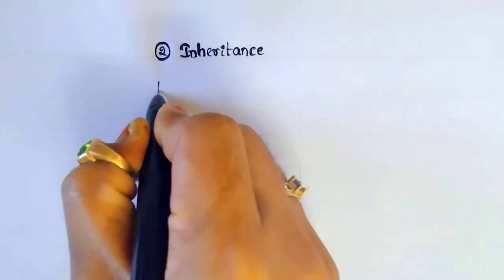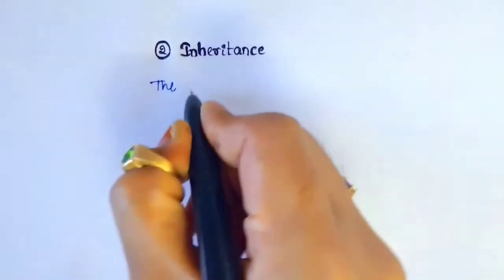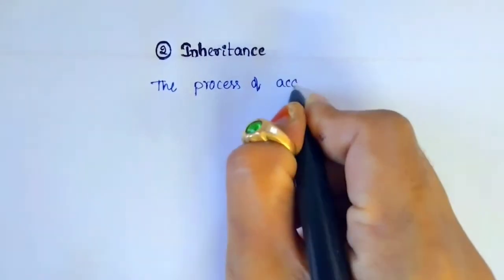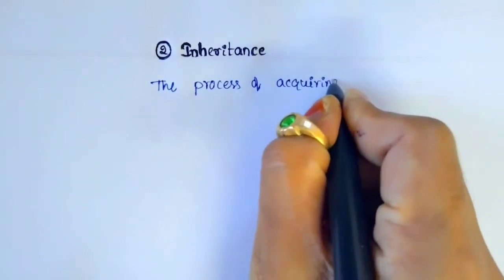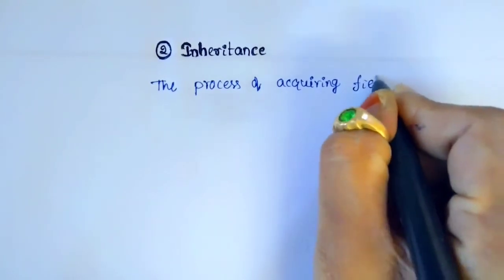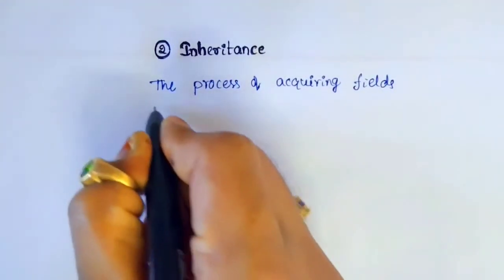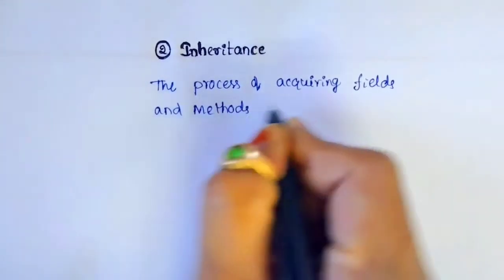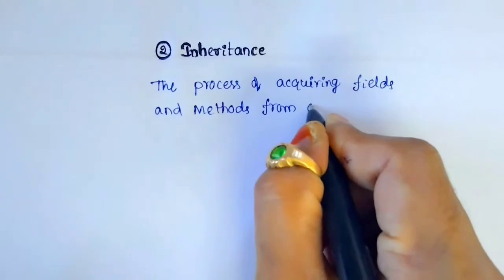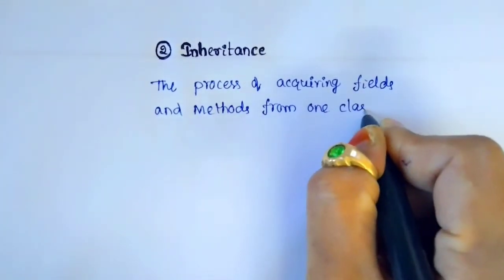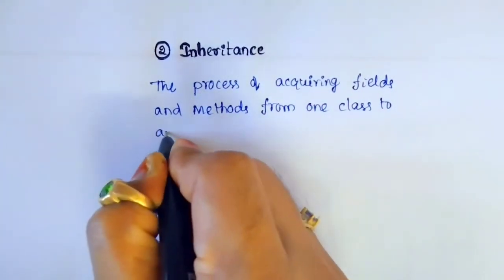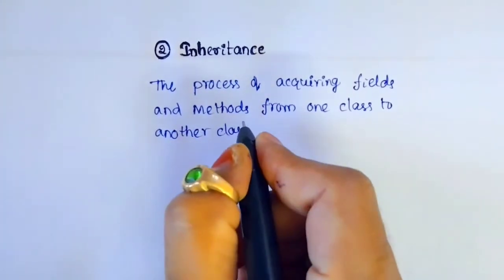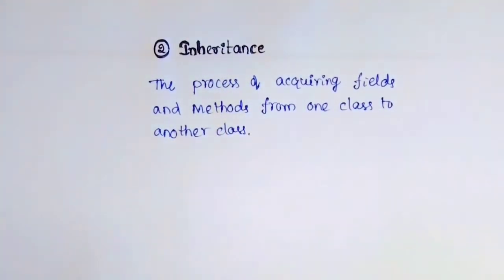Inheritance is the process of acquiring fields and methods from one class to another class.